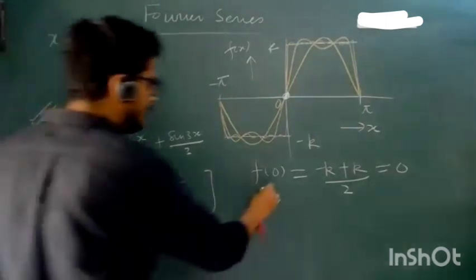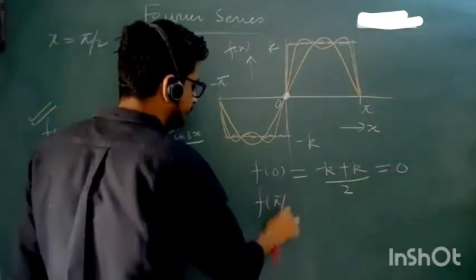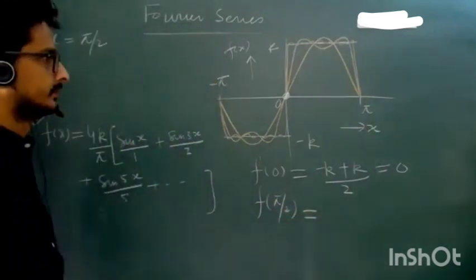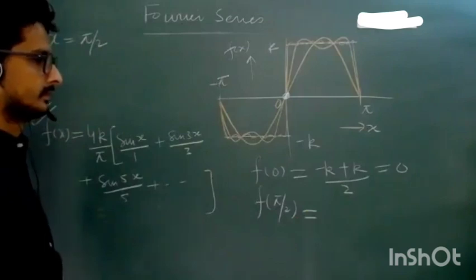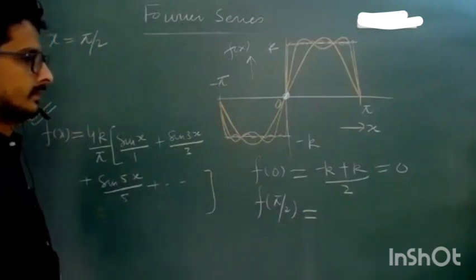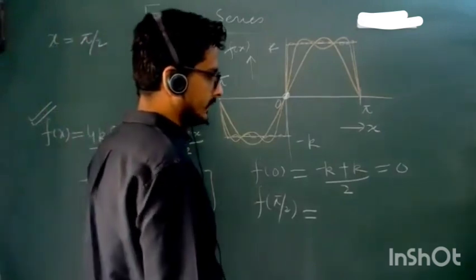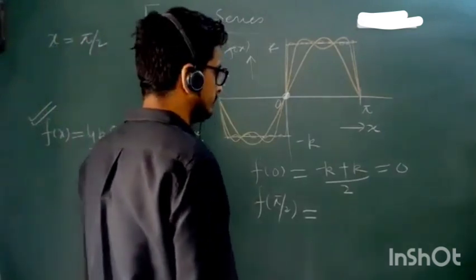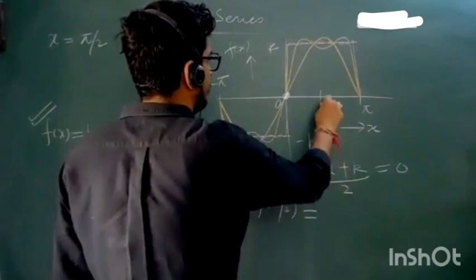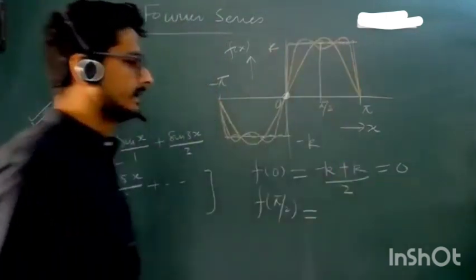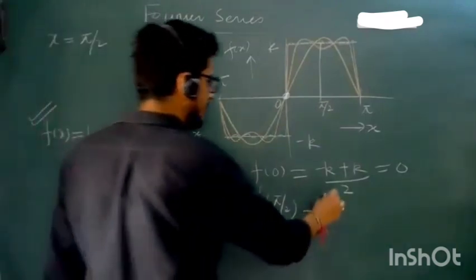So what is the value of f(pi/2)? Yes? Hmm? 4k upon pi. Yes, sir. K. So at pi by 2, what is the value? Obviously it is k. As simple as that. So this value is k.